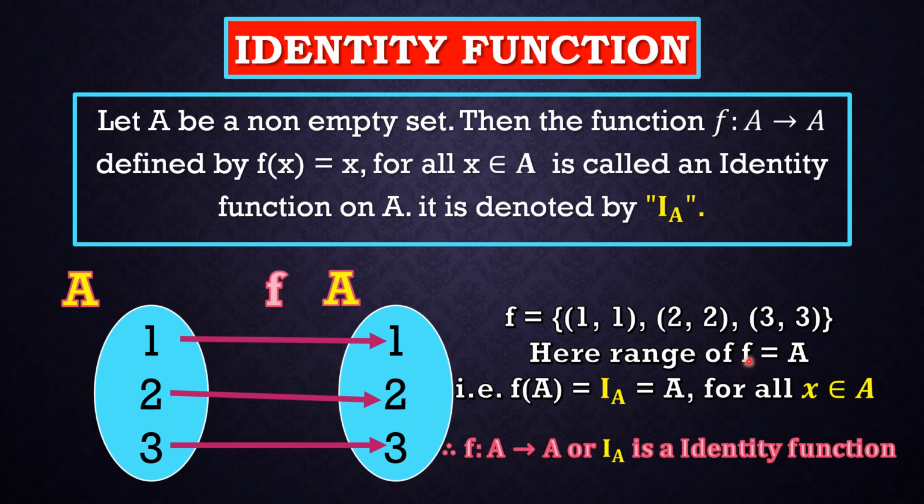The range of f is always equal to the set A. That means f of x equals I_A of x equals x for every x belongs to A. Therefore, that function f is a mapping from A to A, which is denoted by I_A. So this is called identity function. This is the brief explanation of identity function.